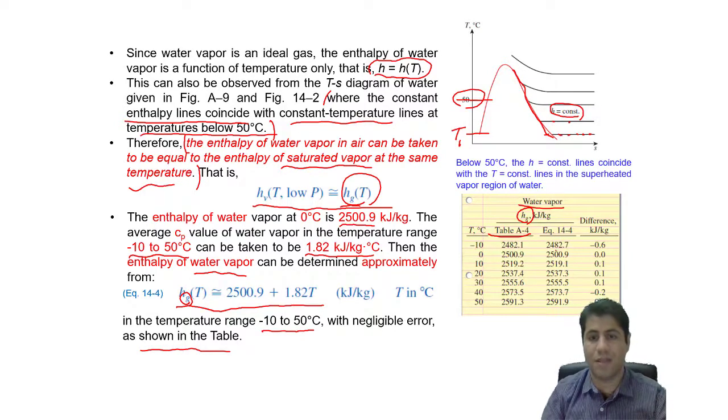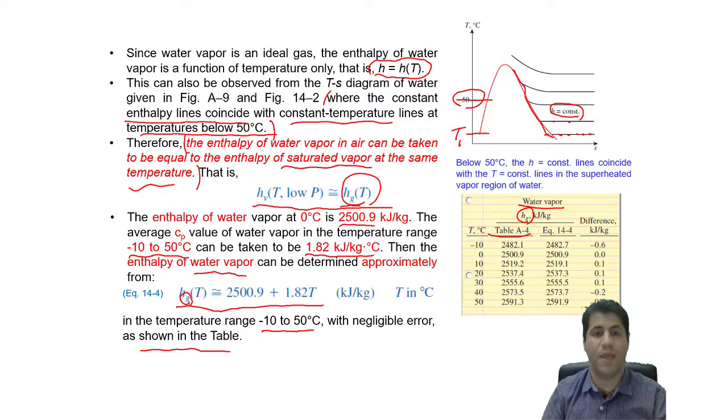At negative 10, how much is it? At 0 degrees Celsius, how much is the enthalpy by this equation? And you can see the error between our calculation and what we actually have, which is measured experimentally. You can see the error is less than 0.2% in this range.